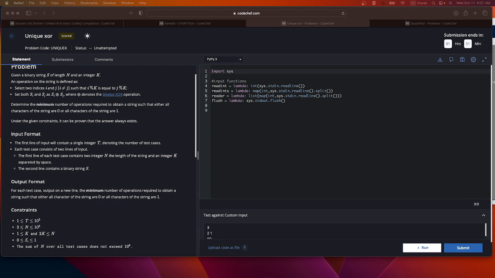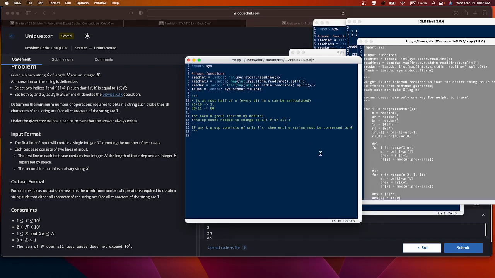Okay, let me just see here. So the entire string must be converted to zeros.